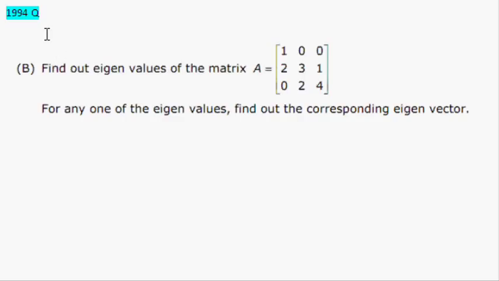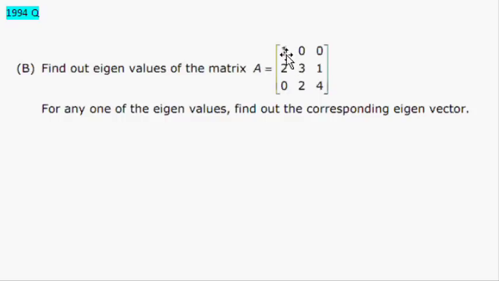This is another question asked in 1994. You are required to find the eigenvalues and eigenvectors. For any one eigenvalue, find the corresponding eigenvector. This is a 3 by 3 matrix, so there will be at most three lambdas: lambda 1, lambda 2, lambda 3. For each lambda you get one eigenvector.